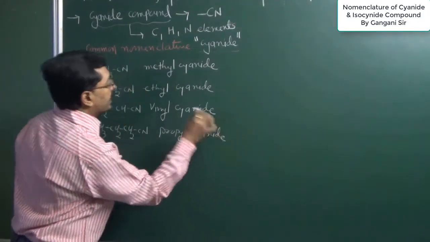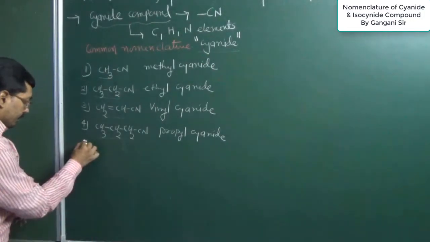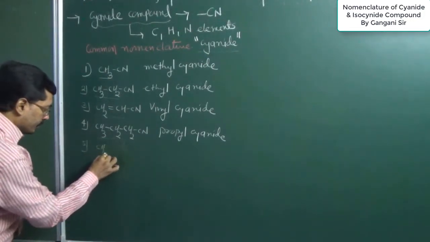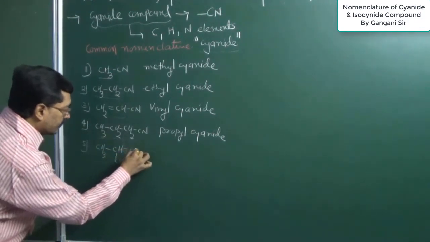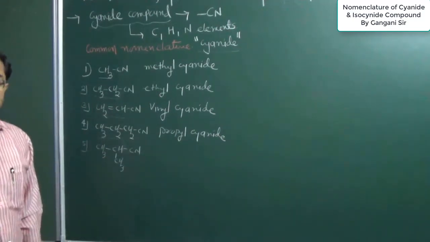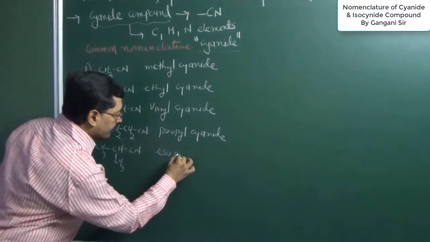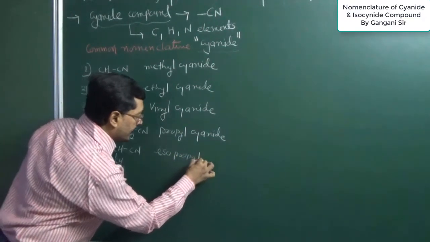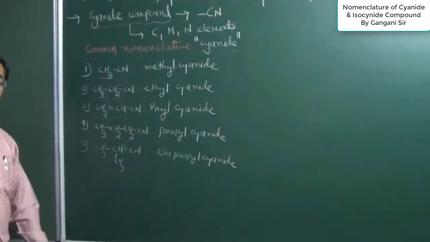So by using cyanide, we can give the common name of cyanide compounds. Now suppose we have this branched structure. The branch has 3 carbon atoms, so it is isopropyl, and the name of this compound will be isopropyl cyanide.